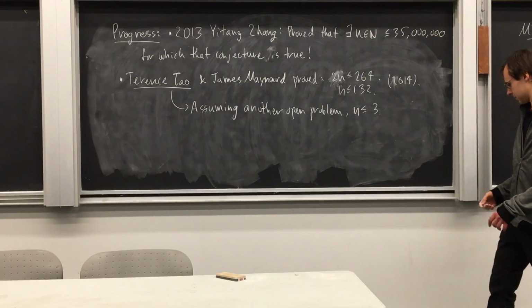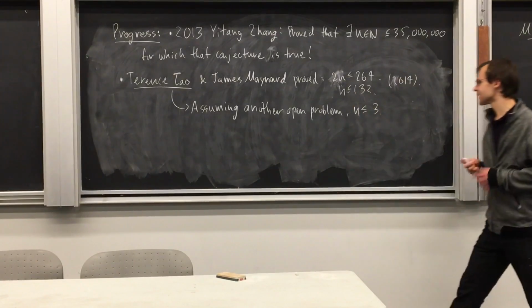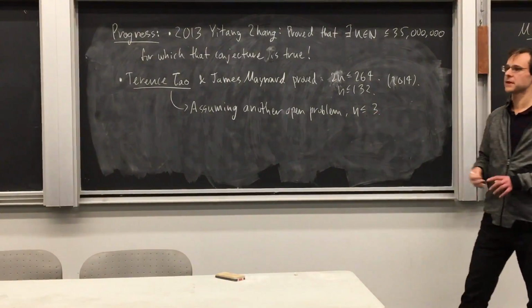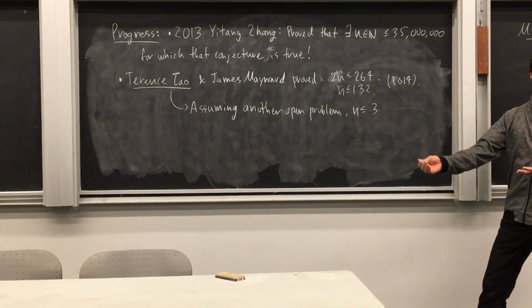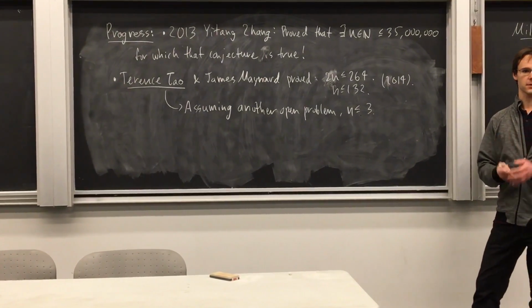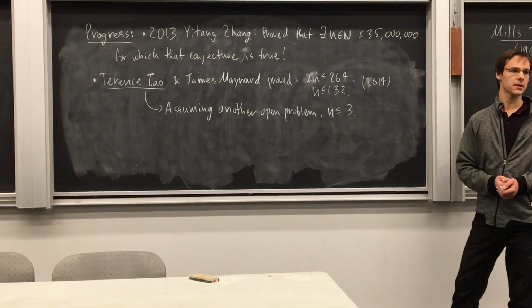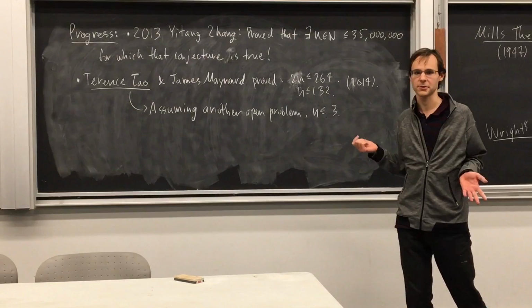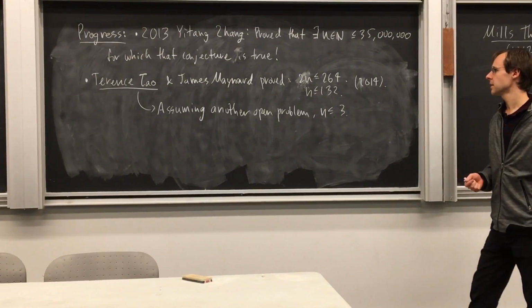Whoa, I just dropped the chalk. So what this result tells you is that there are infinitely many primes that are either spaced a distance 2 apart, or a distance 4 apart, or a distance 6 apart. What we think is that there are infinitely many of each type, but nobody can prove that. This is the best result we have, and it's actually pretty good.